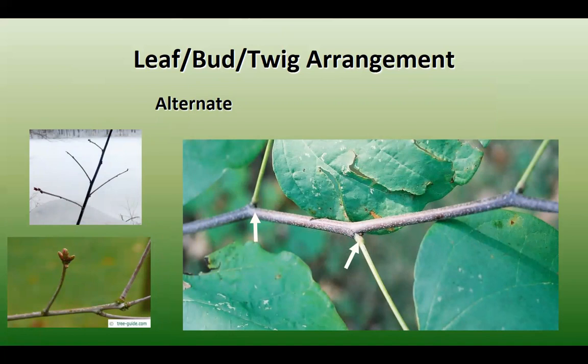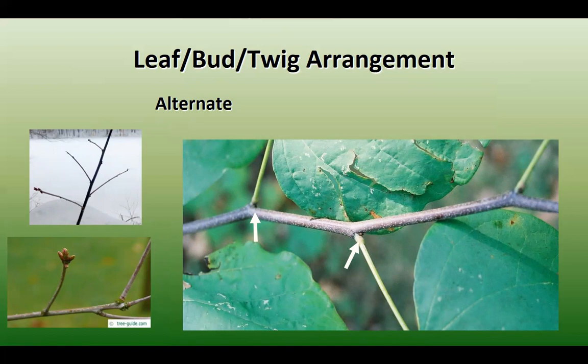And here's the arrangement called alternate, which is most trees. And you can see this actually is a redbud, and you can see the little buds that are in the axil of the petioles, or the leaf stem.